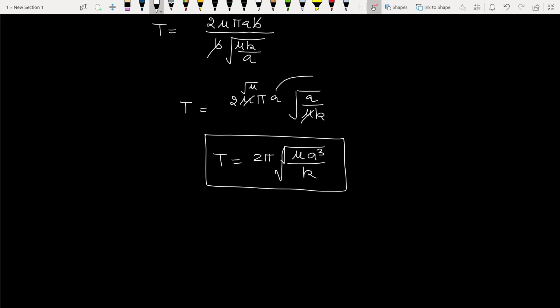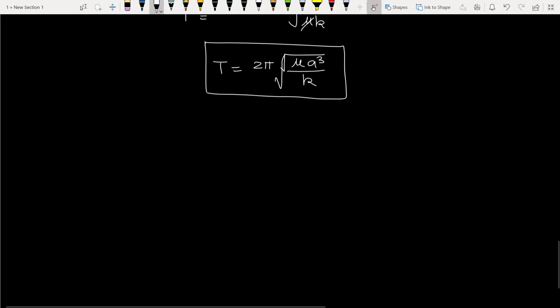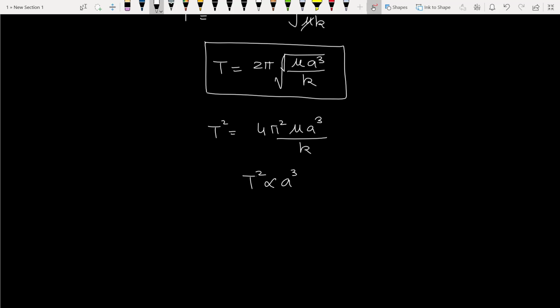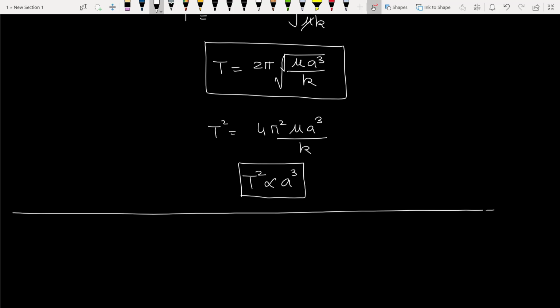This a, when it goes inside, will be a square. Squaring both sides, T square is equal to 4 pi square mu a cube divided by k. So T square is proportional to a cube. So this is Kepler's third law: the square of the time period is directly proportional to the cube of the semi-major axis.